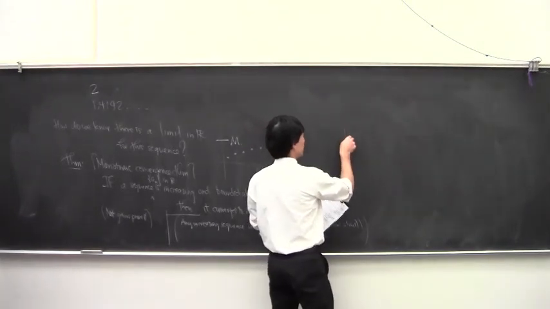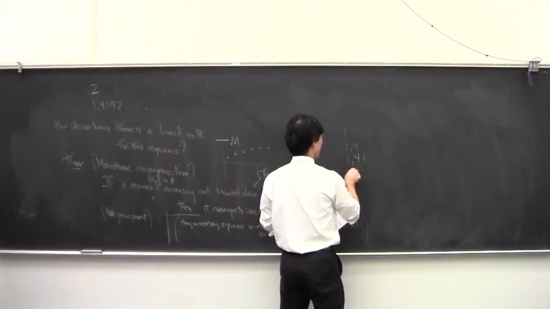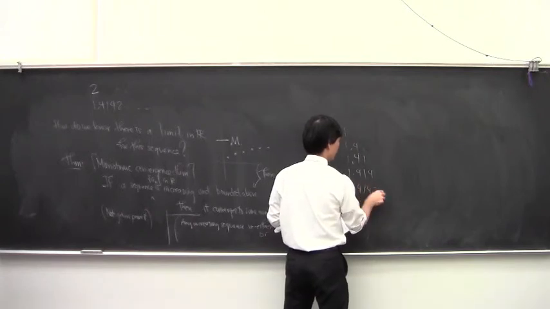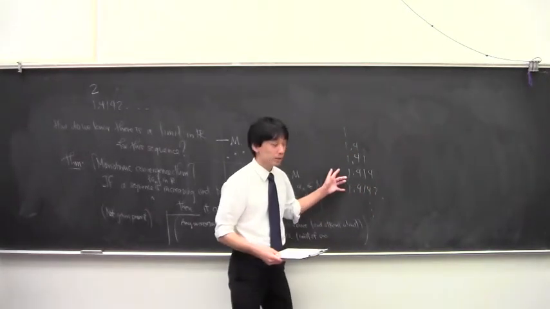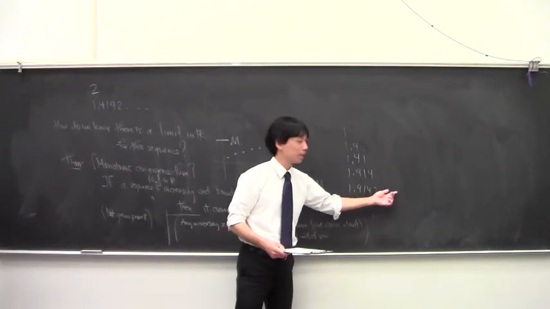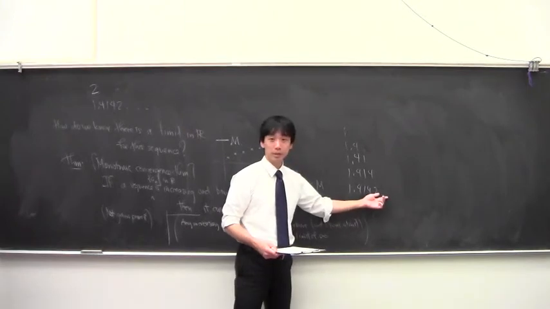Well, it's like this. If somebody gives you this sequence 1.4, 1.41, 1.414, 1.4142, and says, every time I'm going to add on a new digit here, does this converge to anything?